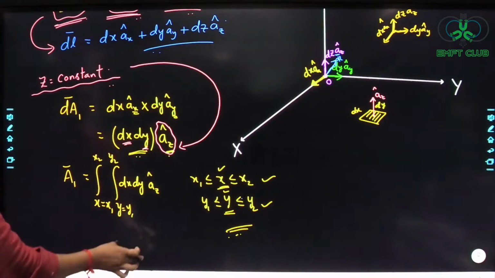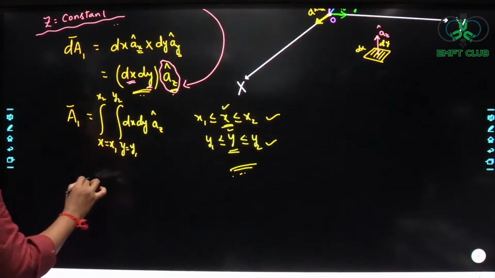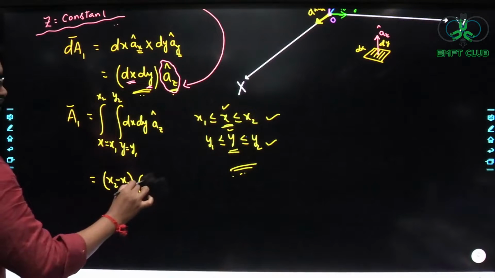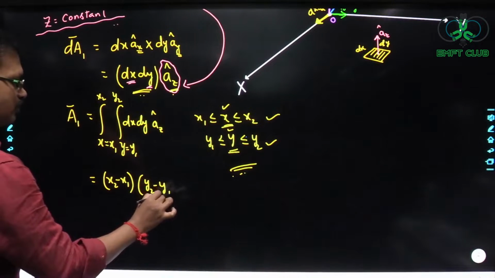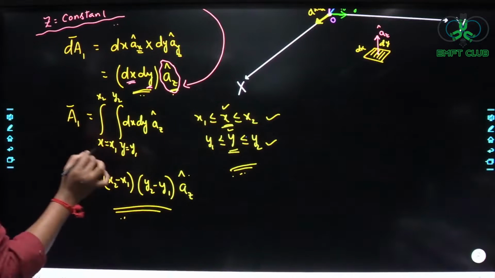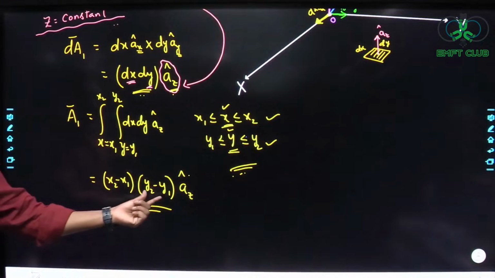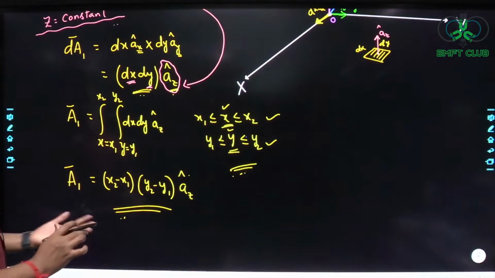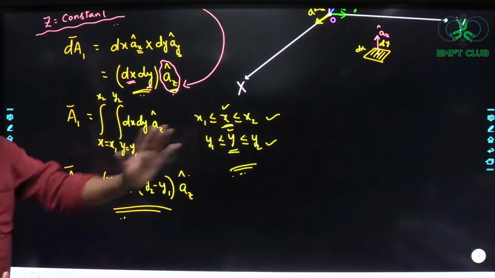If you do this, you get (x2 minus x1) into (y2 minus y1) into az cap. So this is the total surface area within this range.